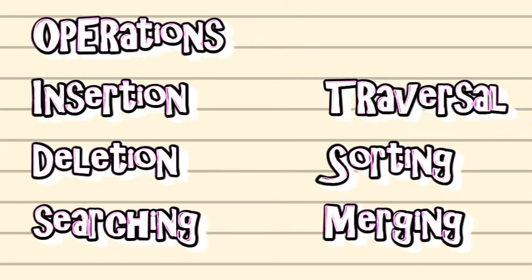Then searching, which involves looking for a specific element: suppose we have created something and we want to find something in that content, that is called searching. Then traversal, which means processing all the data elements. Then sorting, which means arranging data. Then merging, which means combining the data together.